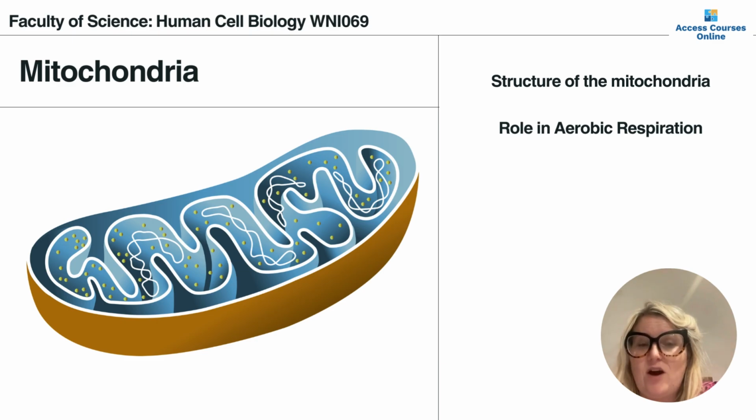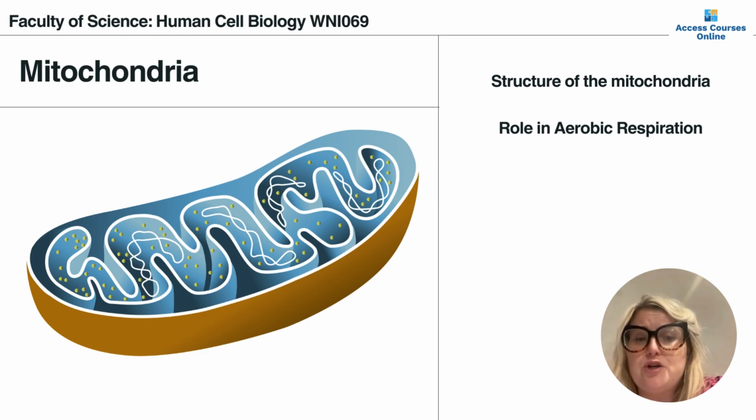And so it's highly folded into structures known as cristae. And these folds increase the surface area, allowing for more space for the process that produces energy. And then the inner membrane is like a matrix, a gel like substance that contains enzymes and mitochondrial DNA and ribosomes. So that's what the structure looks like.